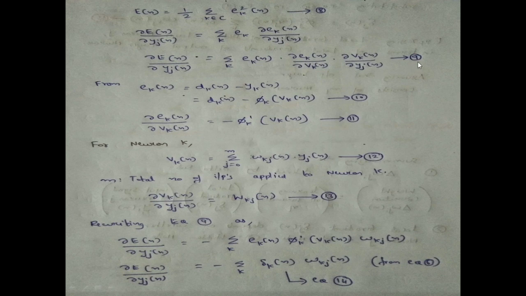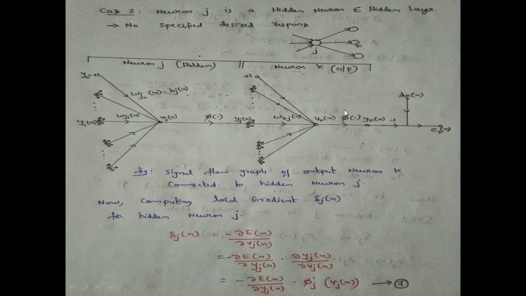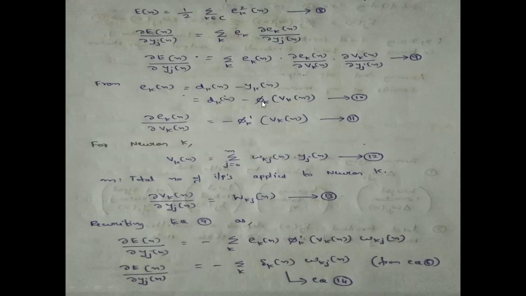Let this be equation 9. We also know that the error at the output neuron k is given by Ek of n equal to dk of n minus yk of n. What is the value of yk of n? It is nothing but the activation function of vk of n, that is, yk of n is equal to phi k of vk of n. Let this be equation 10.